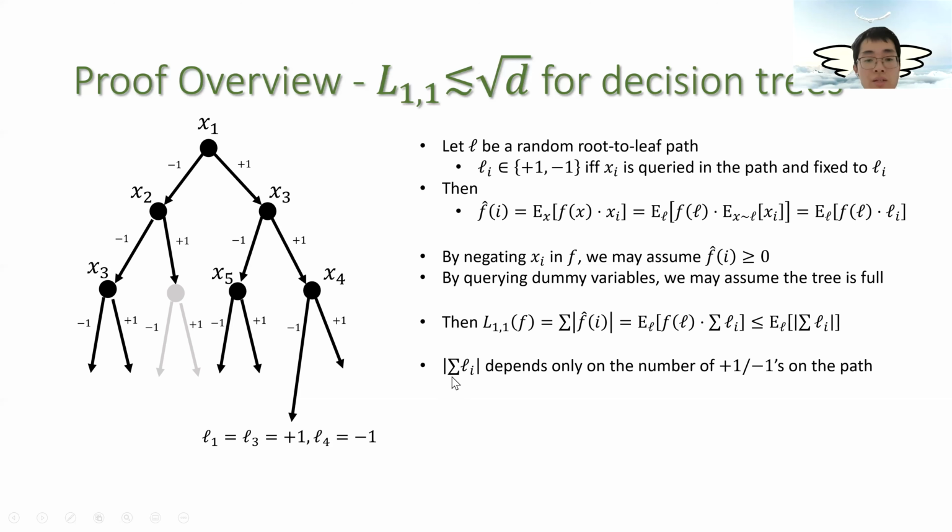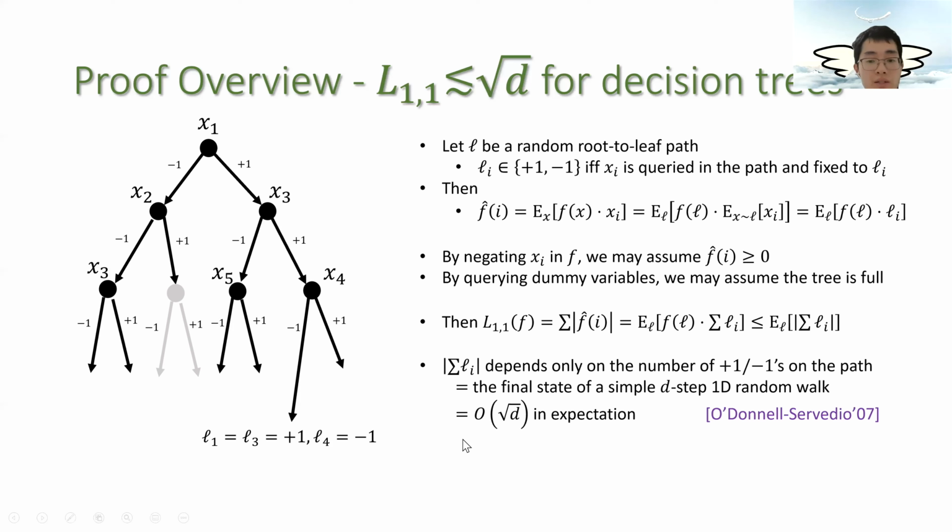Now notice that the absolute value of the sum of Li depends only on the number of plus 1s and minus 1s on the path. It is irrelevant to the queries you made. So this equals the final state of a simple d-step one-dimensional random walk. And from classical results, we know that this is roughly square root d in expectation.